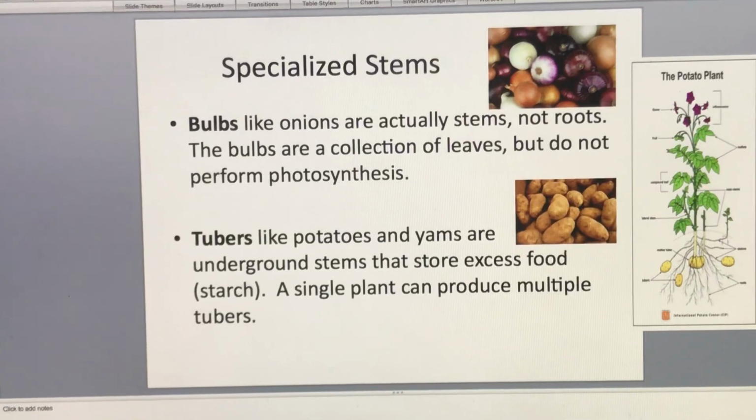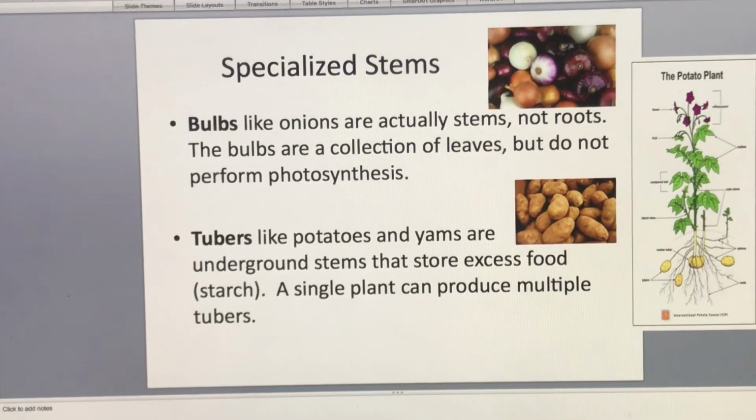All right, we're going to look at some specialized stems, which are quite interesting. Most of us would think of bulbs as roots, but a bulb like an onion is actually a specialized stem. The bulb itself is like a collection of leaves, but they don't perform photosynthesis.